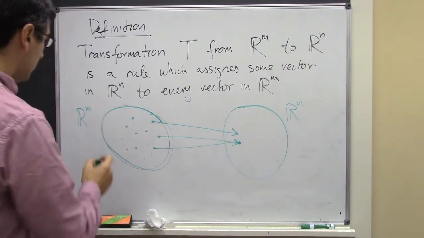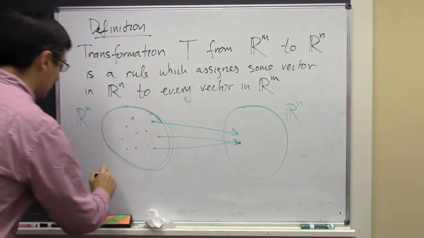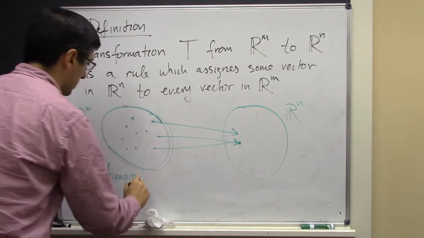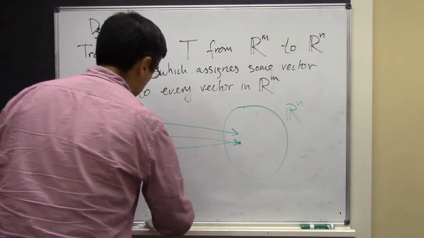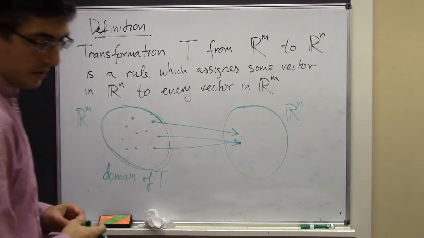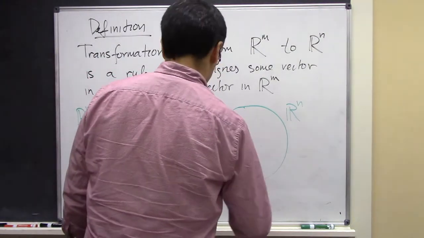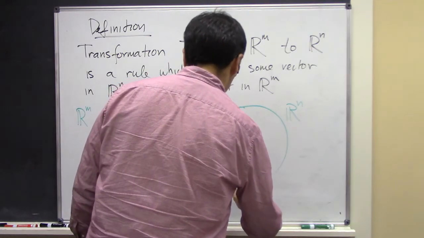So this is the domain of T. And this is the, well, if you want, codomain.